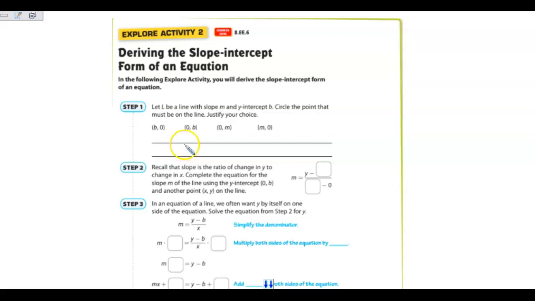Recall that slope is the ratio of change in y to change in x. So b minus 0 over y minus b, or 0 minus b. Is that going to work? So if I have my y minus my b, and my x minus my 0, I can simplify that.